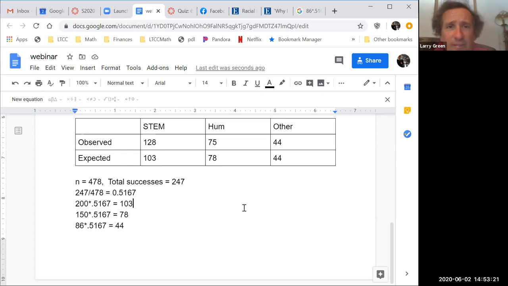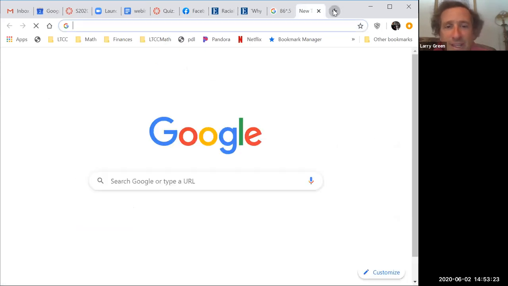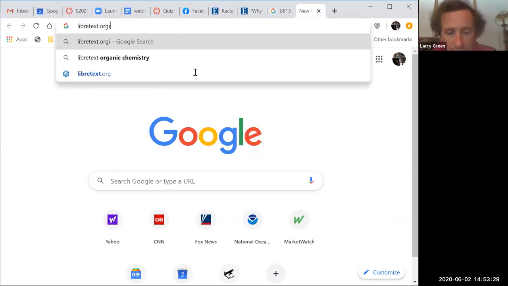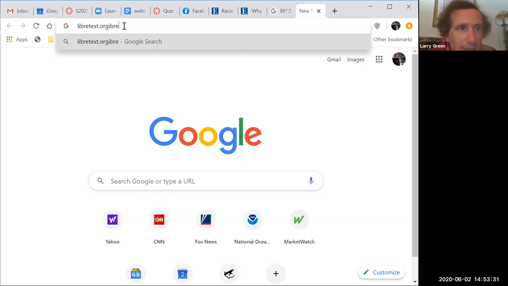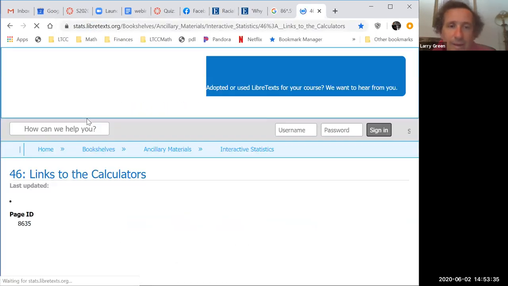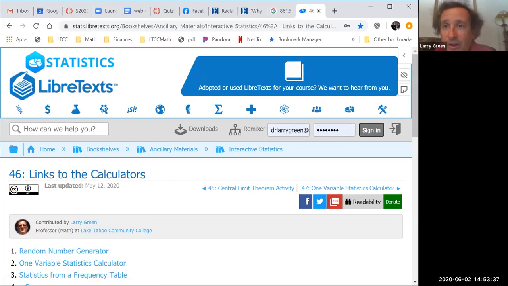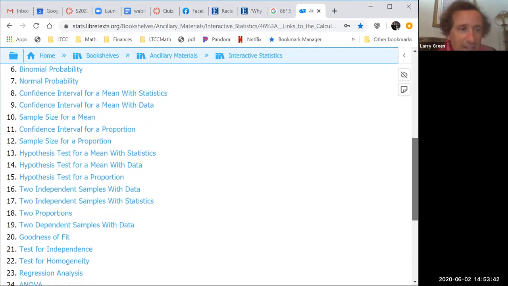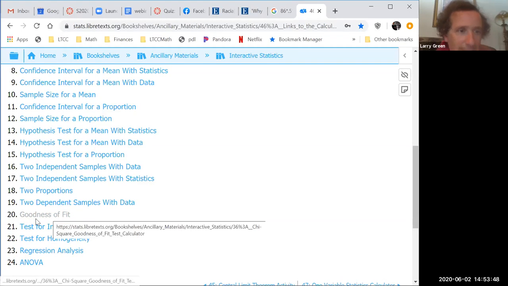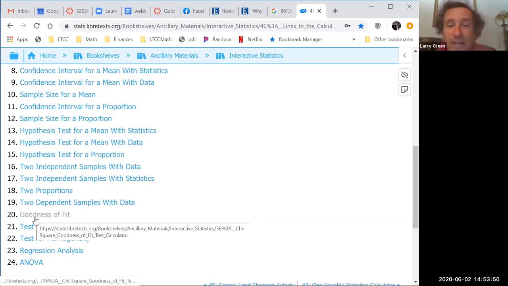Okay, so the next thing we're going to do, and you're used to this, is we're going to go to our calculator. And here's the set of calculators. By the way, we're towards the end of the class, which means it's going to be pretty low. Okay, and this is number 20, goodness of fit.